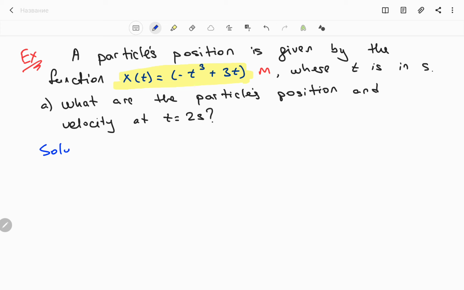So solution, position at 2 seconds, we just use 2 seconds instead of time. So first of all let me write the original equation, yes. Then we can continue. Minus t cube plus 3t.